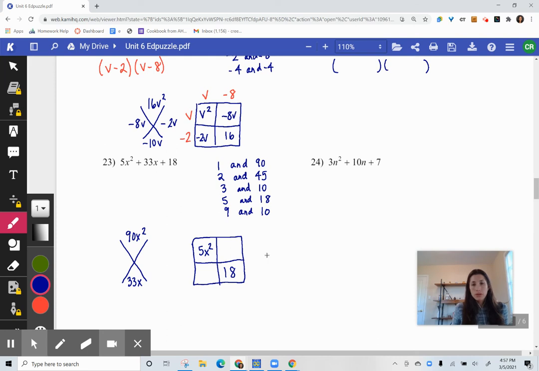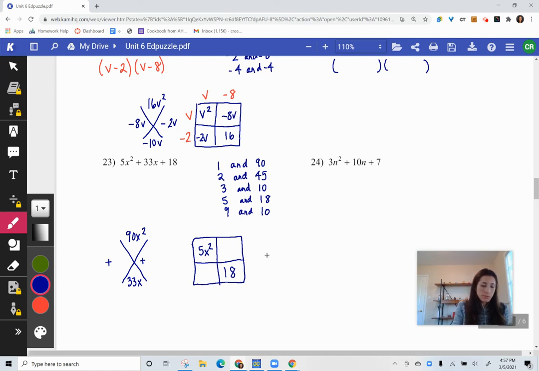So now I'm looking for numbers that multiply to a positive. Okay, good. So these both need to be positive because they're also adding to a positive. And we also need the numbers to add to 33. So I'm looking at my list here. Oh, guess what? I didn't have all my factors down. Because none of these add to 33, we got to find some more factors. 90 divided by 20.